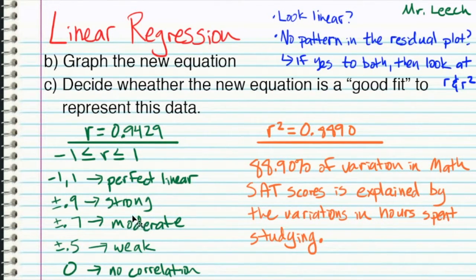If it was around 0.7, we'd call it moderate. Around 0.5, we'd call it weak. R is a number that falls between -1 and +1. If it was +1, it would be perfectly linear and positive. If it was -1, it would be perfectly linear and have a negative slope. If it was 0, there would be no correlation. So this is actually a pretty strong fit.